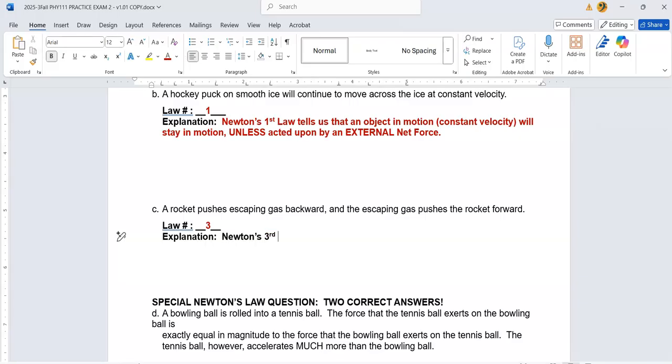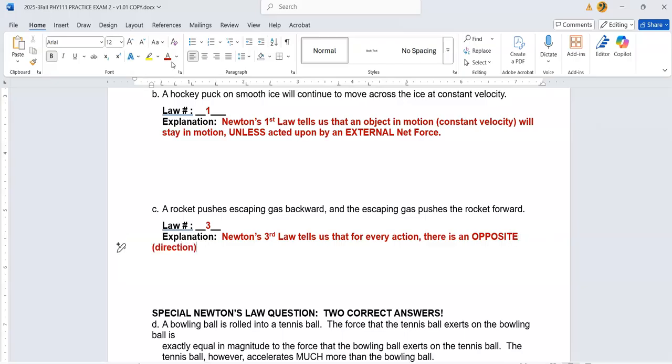So Newton's third law, in red, tells us that for every action, there is an opposite, meaning opposite direction, and equal, meaning equal magnitude, equal size, reaction.